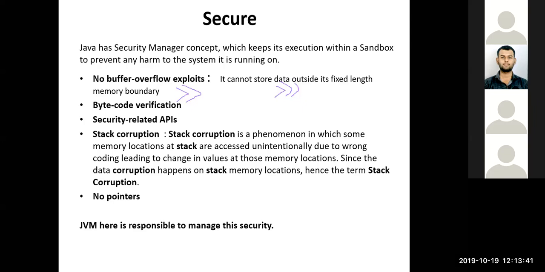Okay. The next thing which we have is that it has no pointers. Java does not allow you to create pointers, and that is Java's biggest achievement over C and C++. Why? What were pointers doing?